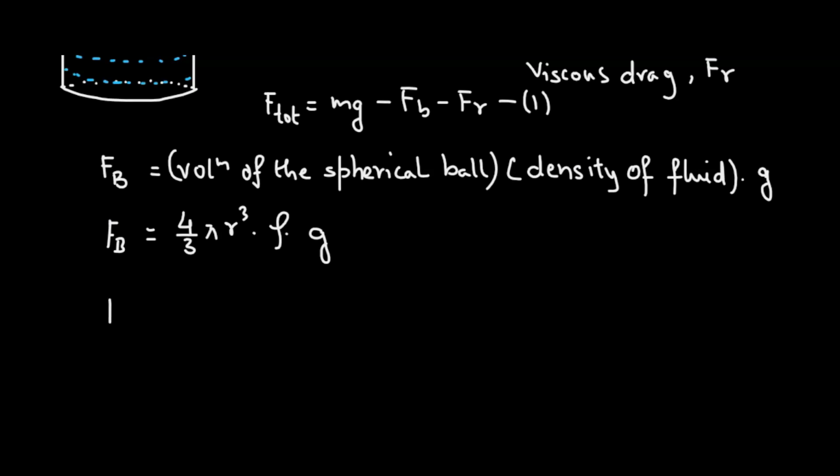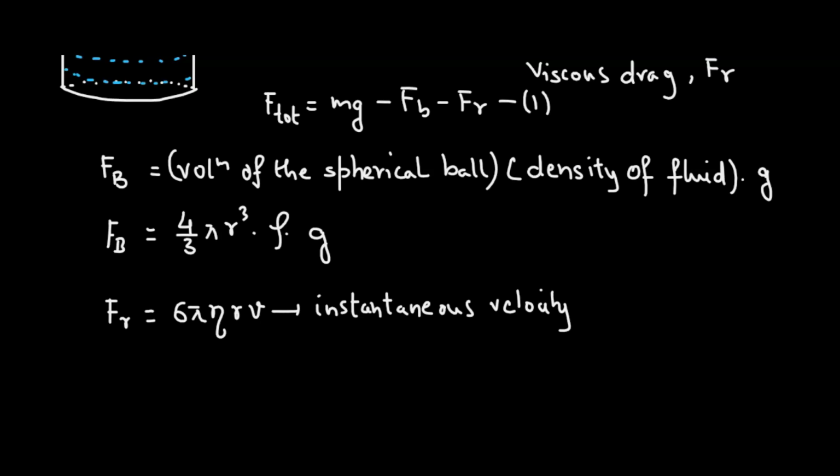And the viscous drag force is given by Stokes' law. Stokes' law states that we have 6 pi eta r v. Here v is the instantaneous velocity, the velocity of the ball as it falls through the viscous liquid.